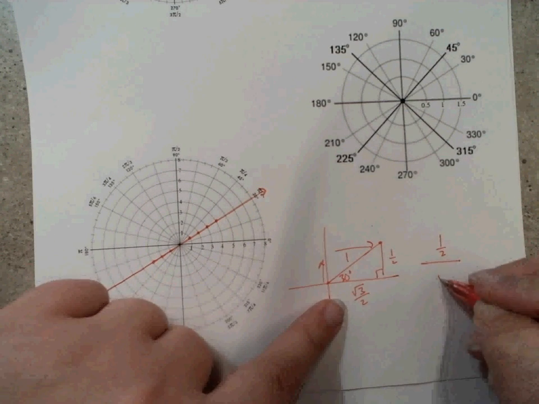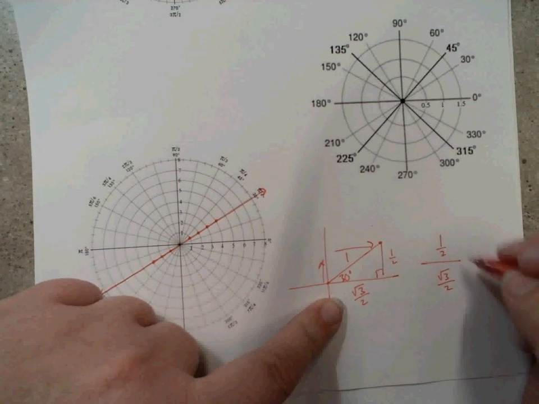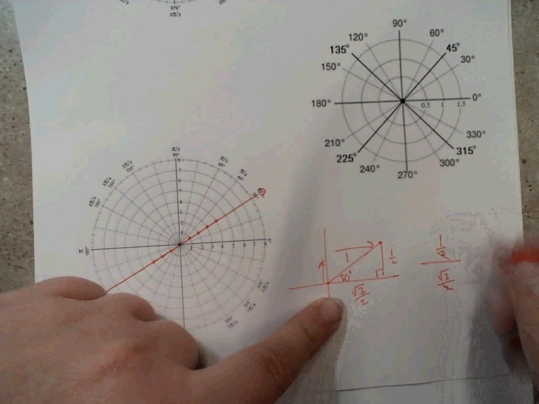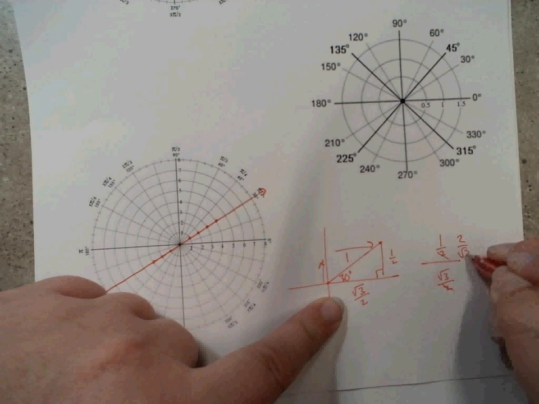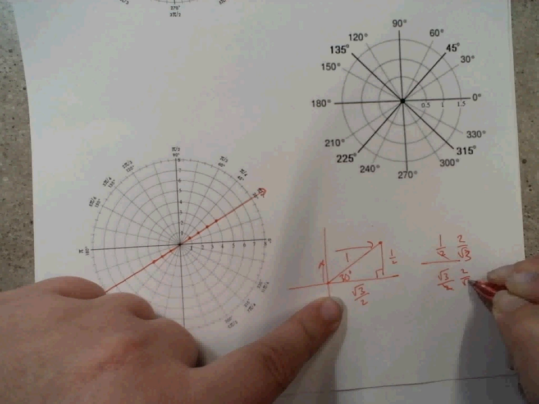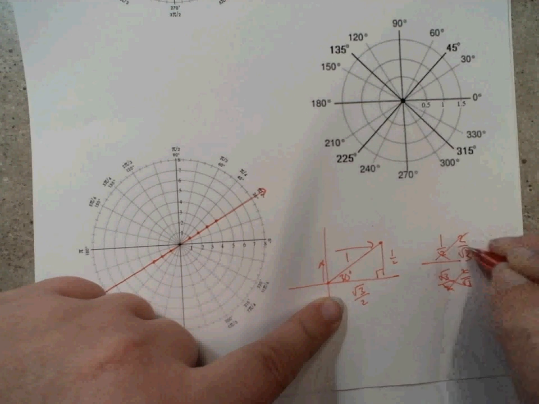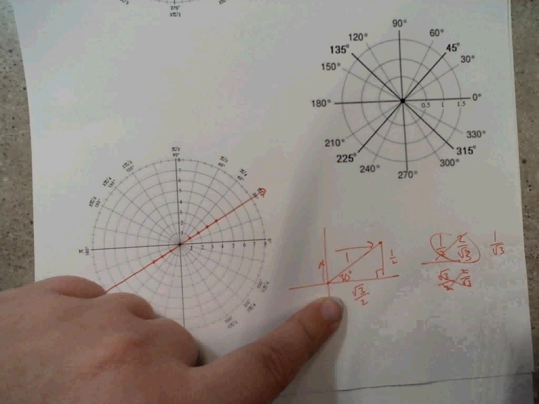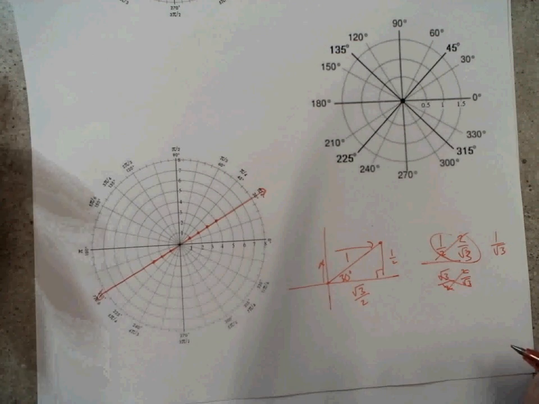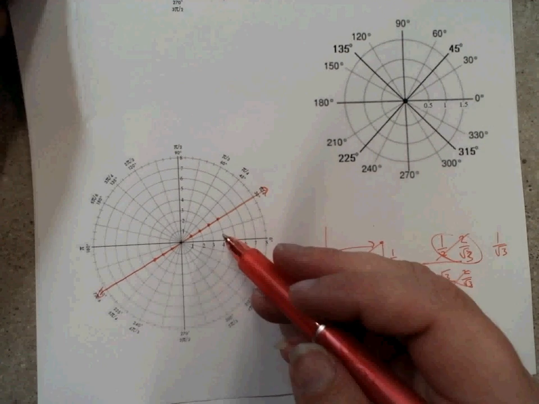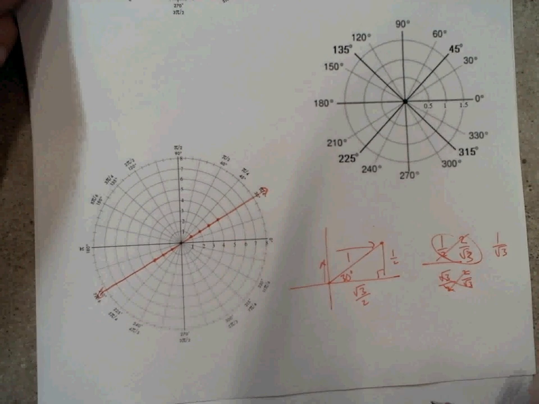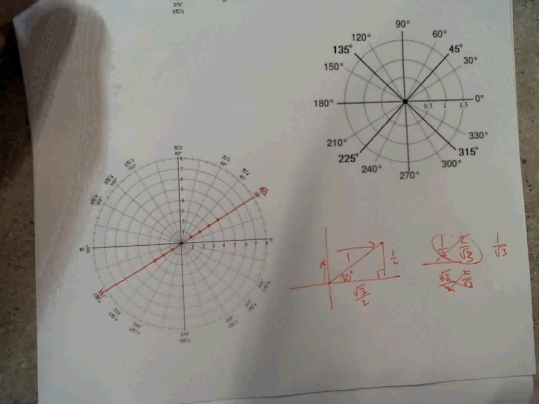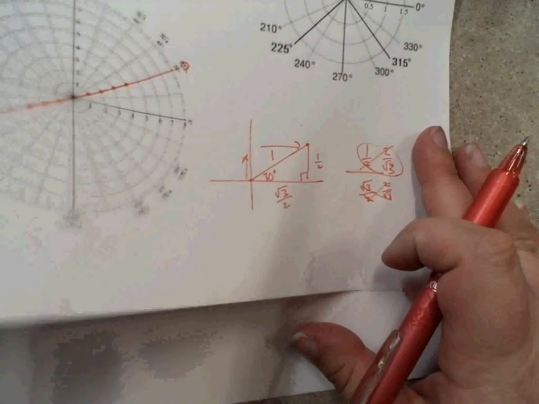It's rise over run. I rise 1/2, I run square root of 3 over 2, I flip and multiply, and I get 1 over the square root of 3. Or square root of 3 over 3. That's going to be the equation of this line. Y equals square root of 3 over 3 x, or y equals 1 over the square root of 3 x.